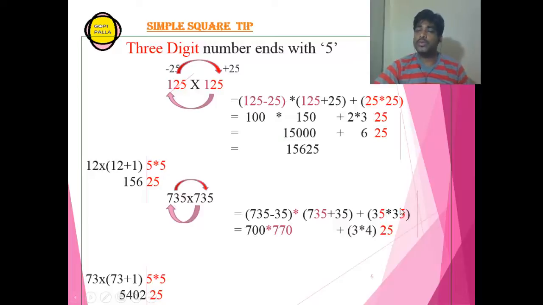This we know how to do: the last two digits are 25, and 3 multiplied by 3 plus 1 is 4, so easily we can do it. The answer is 540225, which is the same as this number. Either this method or that method, whichever you feel comfortable with, you can use.